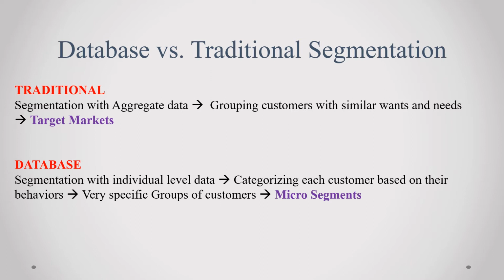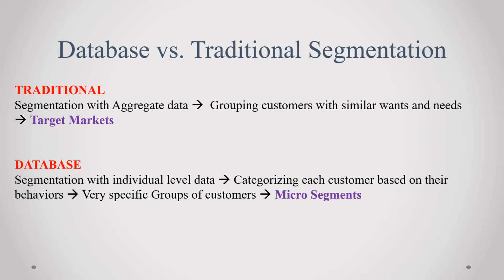Remember that the whole point behind segmentation is to group people into homogeneous groups of demand based on their wants and needs. The net result turns out to be target markets for traditional marketers. And usually we'll be talking about 3 or 4 or 5 maybe segments, and we'll be talking about 3, 4, or maybe even 5 target markets.